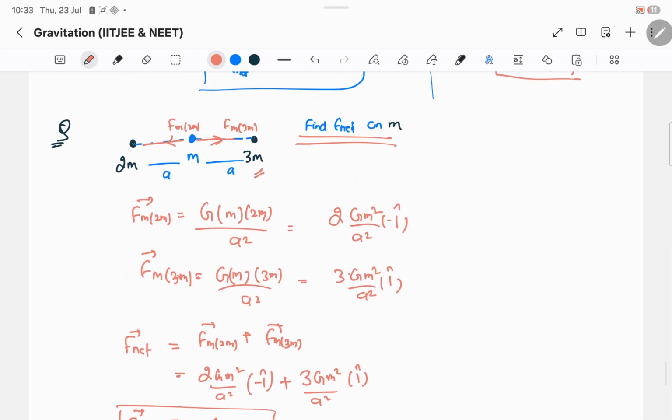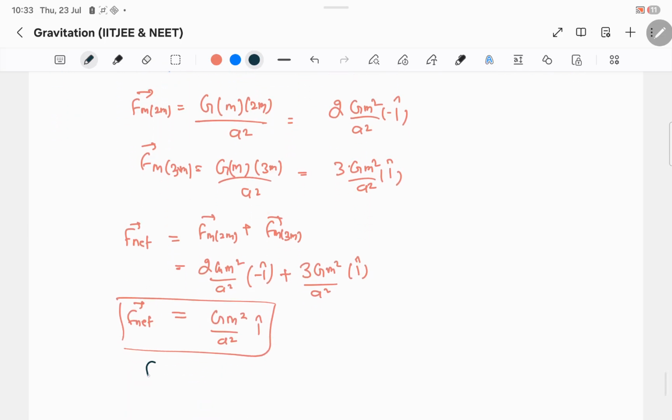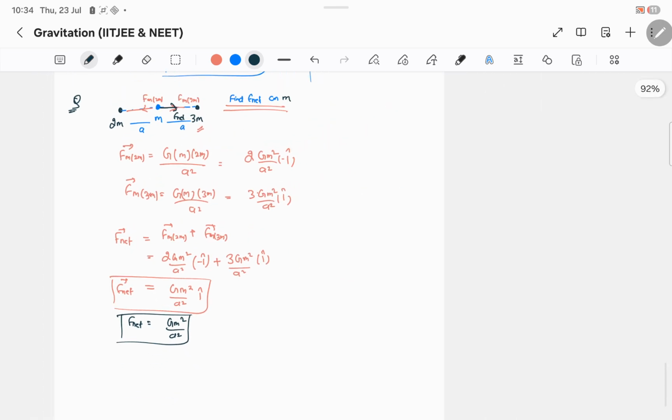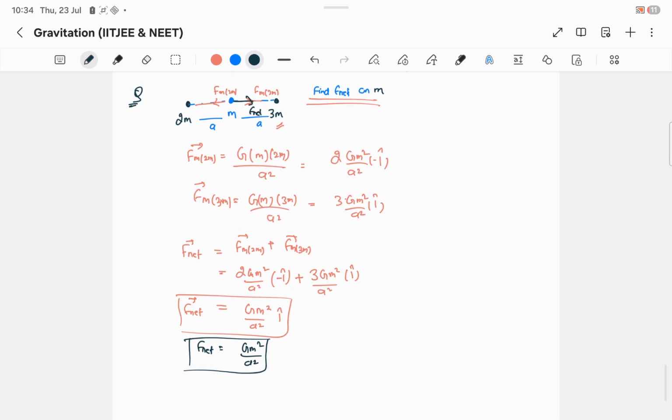In this direction, and the value will be given by this. So the magnitude will be G m square by a square. This problem can also be asked in the exam. Note this problem, since there will be different variants of it. First you can take a screenshot of this.